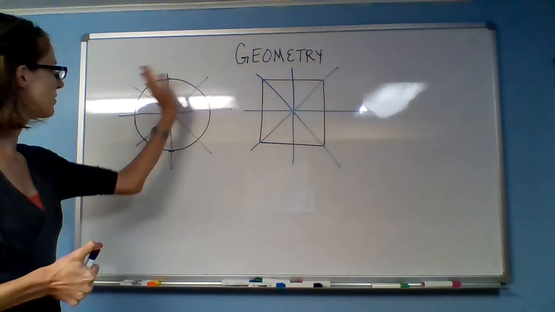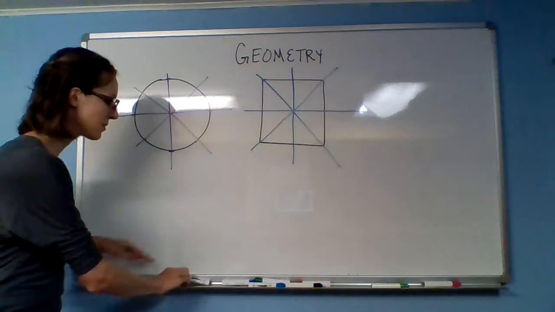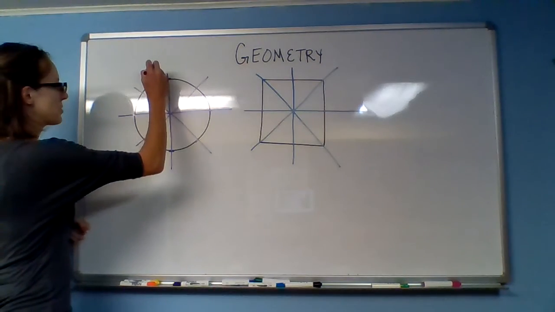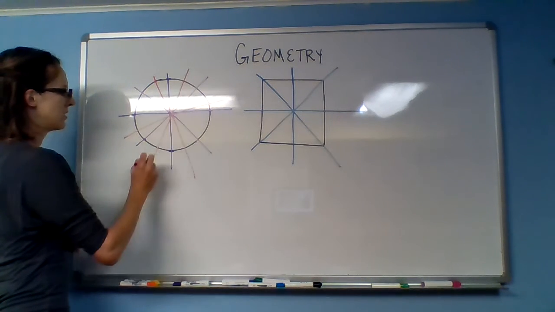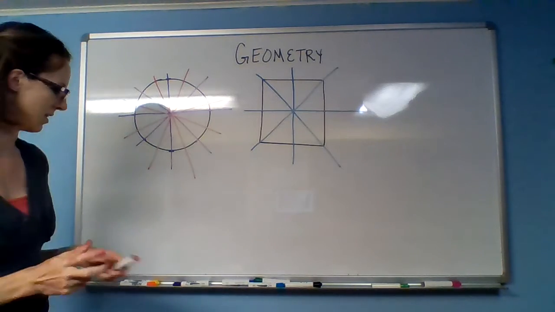This kind of symmetry happens everywhere in a circle. So I've drawn 4 possible, but I could truly go and draw it from any side through that center, and I would always get a line of symmetry.